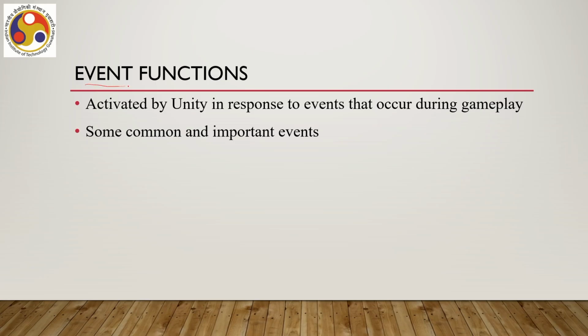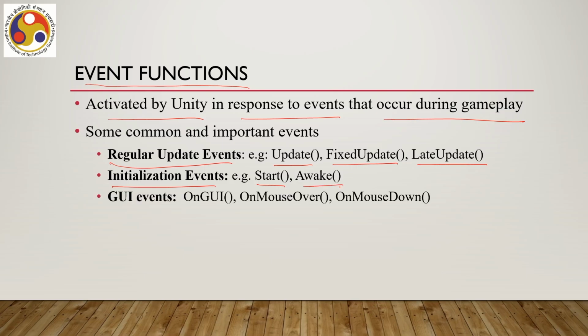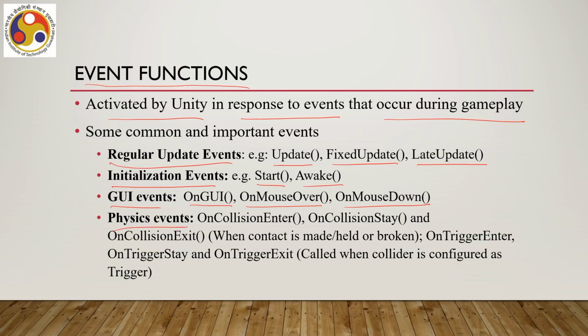There is a class of functions called the event functions. These are activated by Unity in response to events that occur during gameplay. Some common and important events are regular update events such as Update, FixedUpdate, LateUpdate; then initialization events such as Start, Awake; GUI events such as OnGUI, OnMouseOver, OnMouseDown; physics events such as OnCollisionEnter, OnCollisionStay and OnCollisionExit, related to when contact is made or broken.